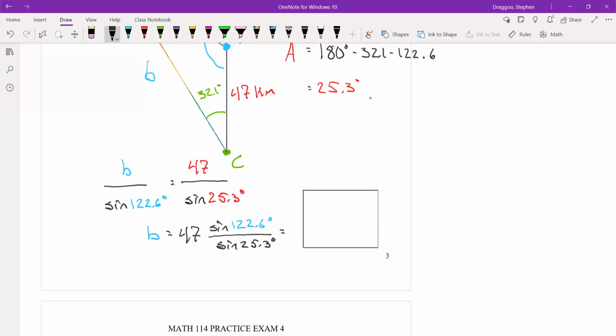And I got 92.7. And in kilometers. Cool. So that airplane is 92.7 kilometers from Courage.